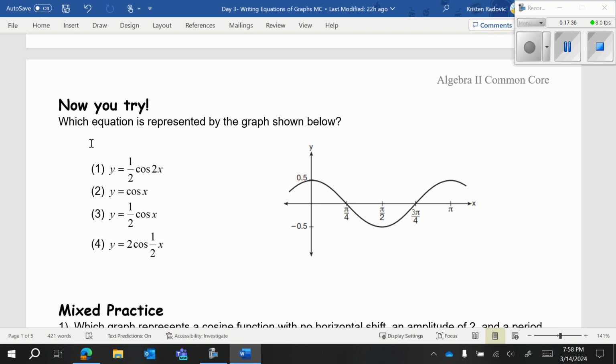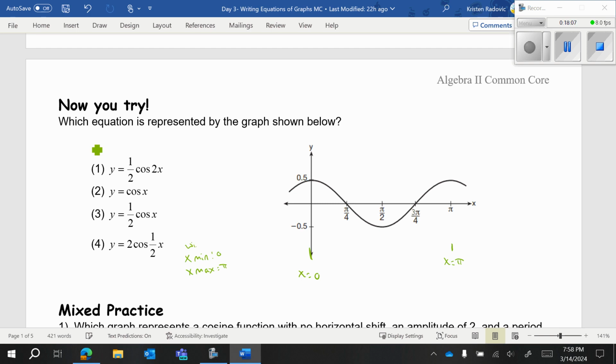So for this one, what you could do is use the calculator. Notice how your X values start at X equals 0 and go to X equals pi. So your X min would be 0, your X max would be pi.